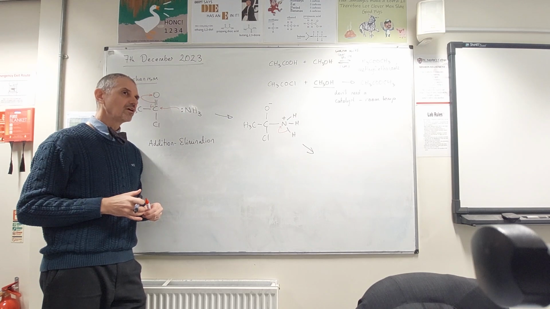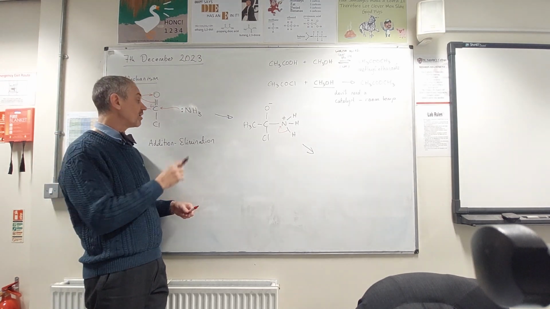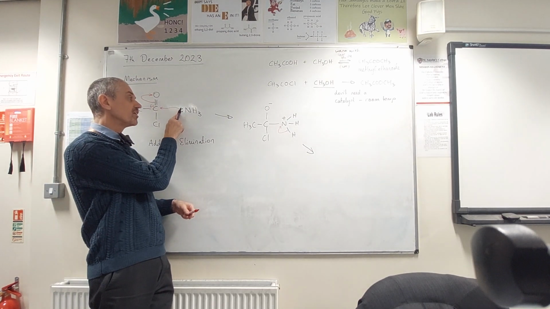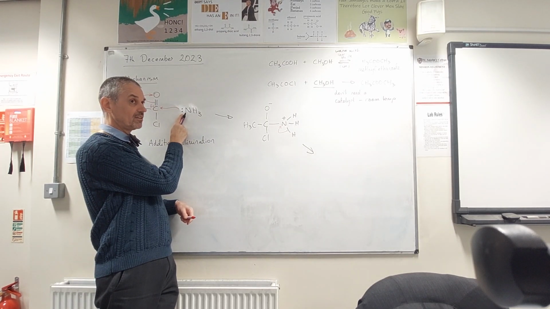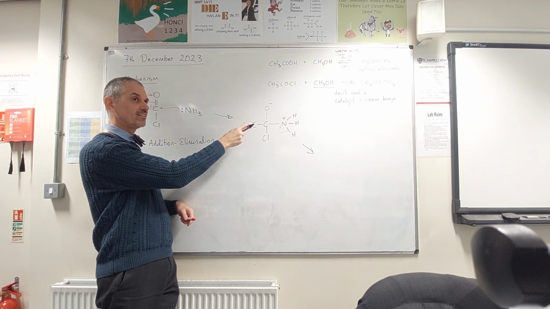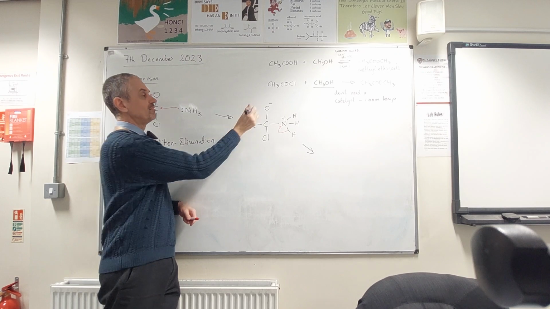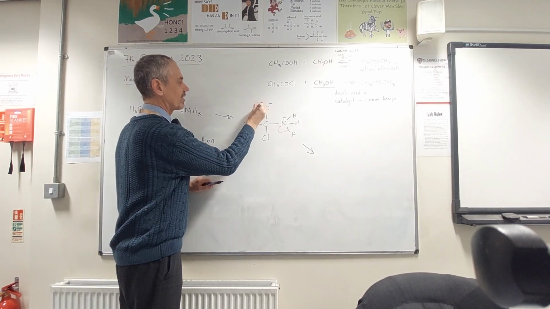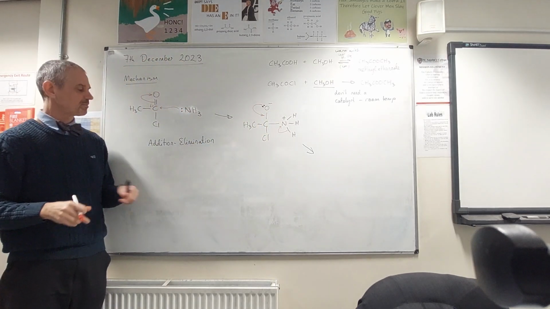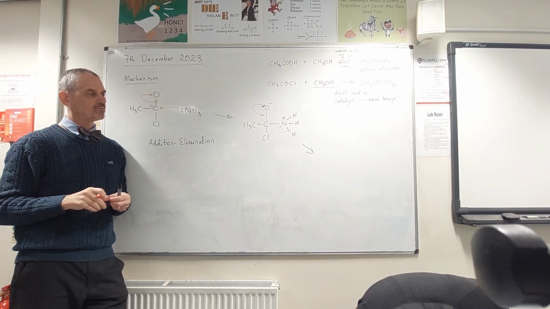No. Remember, our curly arrow is always the movement of a pair of electrons. So there's no double arrow on that. So let's draw some in. Okay. Now we can put in the arrow. All right. Grand. One more.